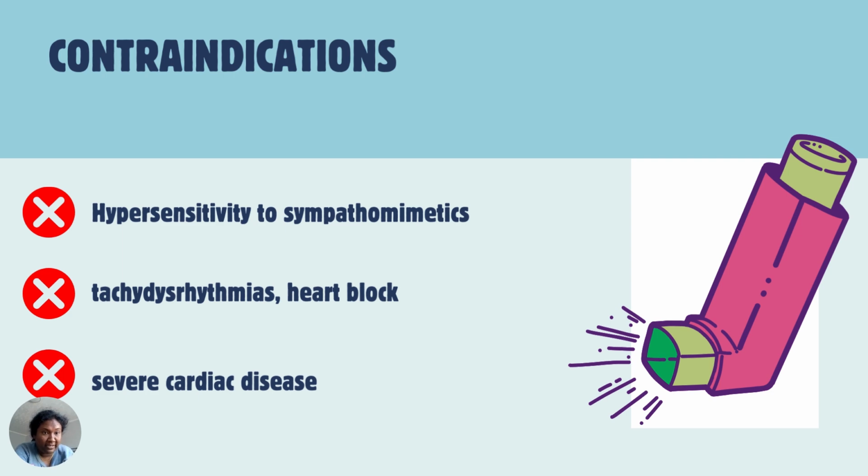Any problem affecting the cardiac system that includes a heart block or arrhythmias or severe cardiac disease, this drug is not intended. As I've already explained, it does not spare the beta 1 cells which are present in the myocardium, so it also increases the activity. And if you have a heart block, or arrhythmias or any severe heart condition, it could worsen.